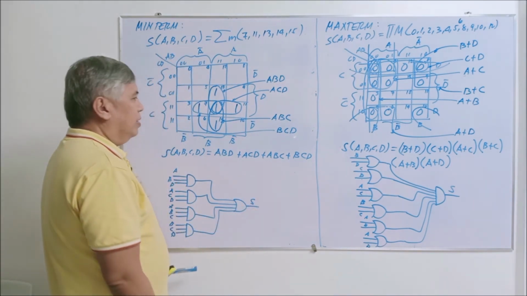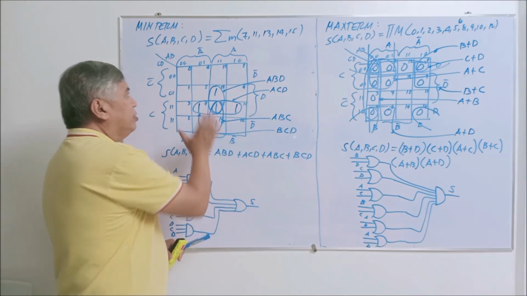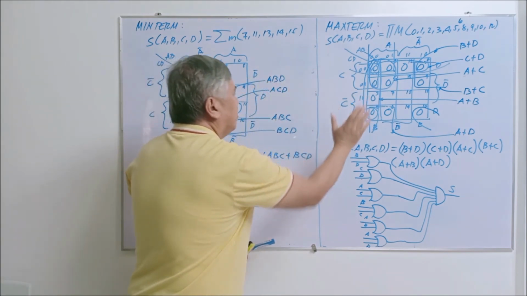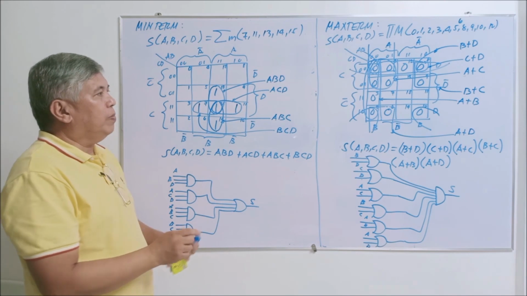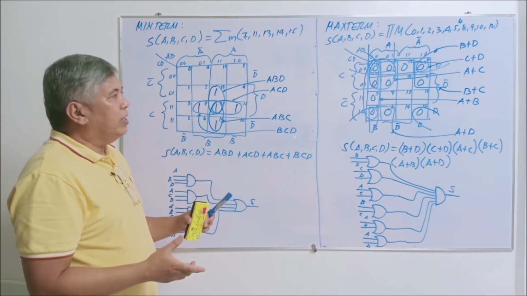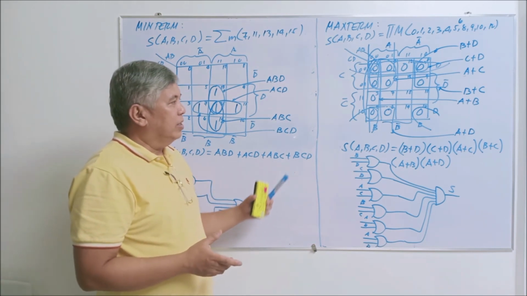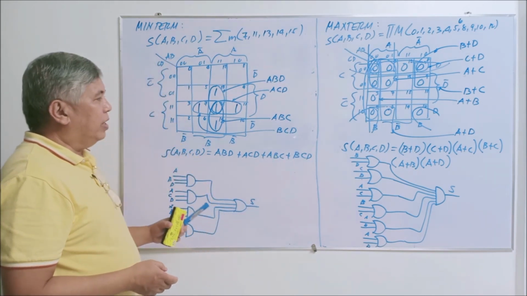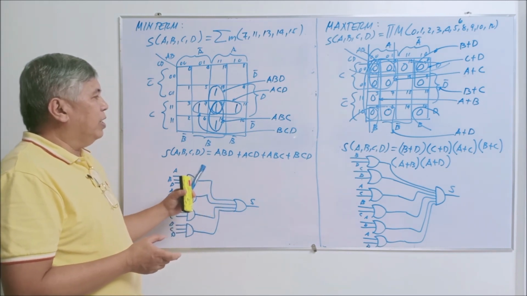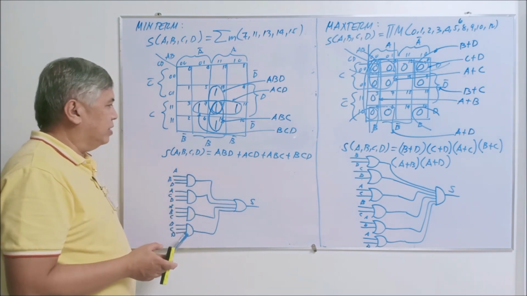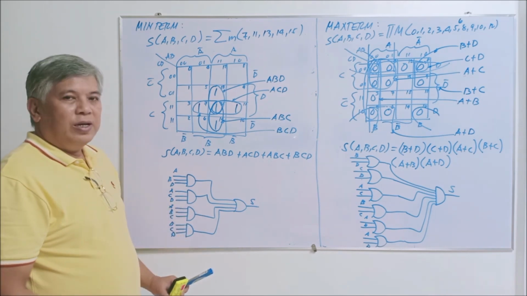Now, you might ask, what's the difference between using the min term and the max term? Actually, it would depend on you, no? So, for example, if you buy an IC, and you are going to assemble a fire alarm system, then, when you go to an electronic shop, there are no available AND gates, or only a few AND gates are available but many OR gates.